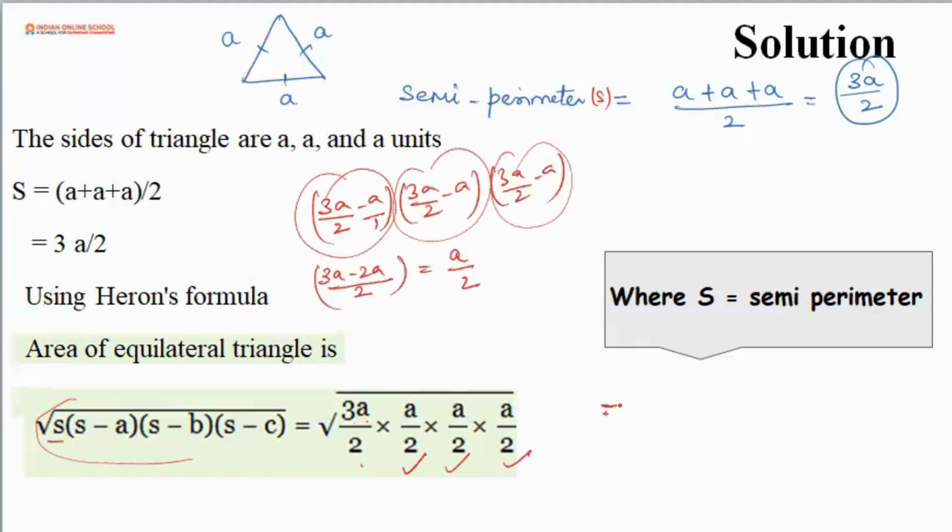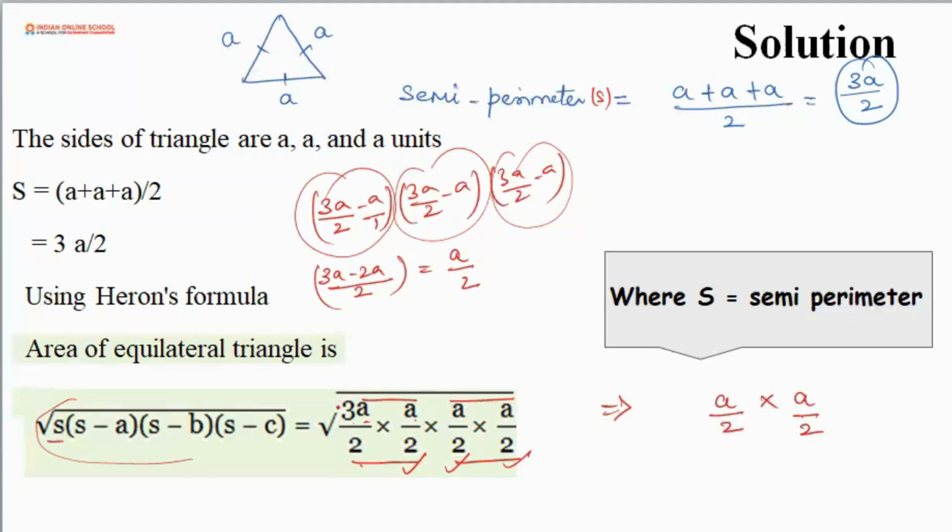Correct? So when we solve this, we have a pair of 2, a pair of 2, a pair of A and another pair of A. From every pair, since it is a square root, we can take one out. Out of this pair we have 1A, out of this pair another A, out of this pair 2, and out of this pair another 2.